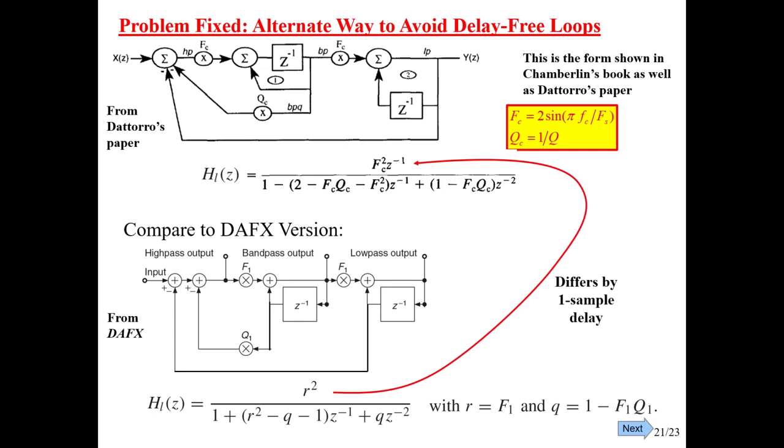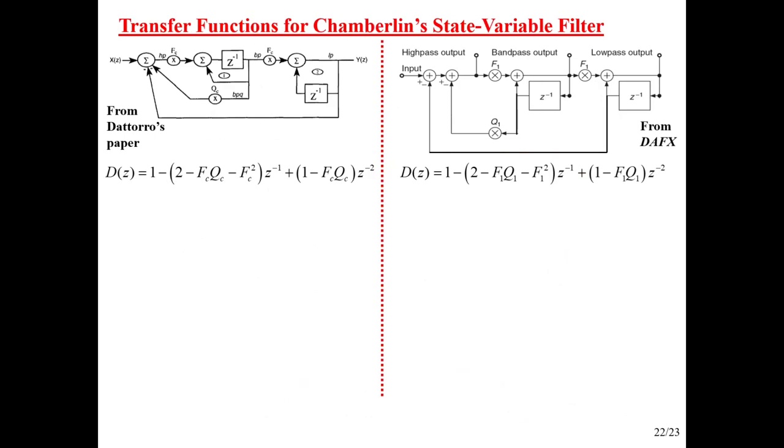What we'd see is that there's a delay by one sample there, but there's no delay here. And you can see that the R squared is just F1 squared, and that's the same as FC squared. So everything else is the same, just off by a delay. Here I'm just comparing the two implementations to see how they differ.